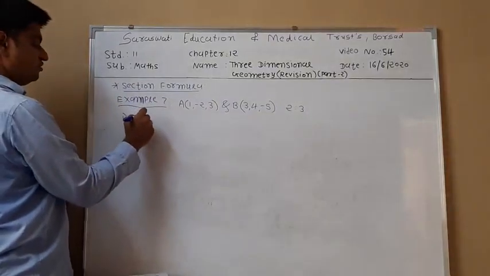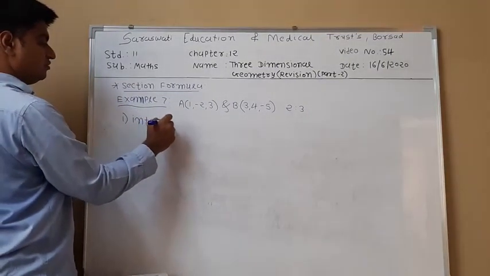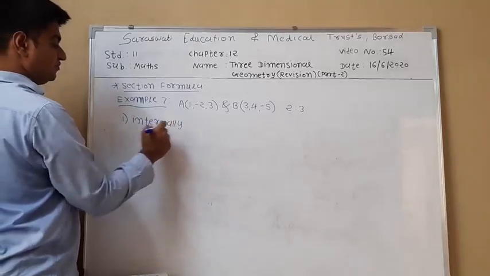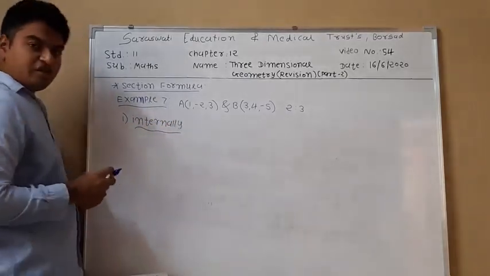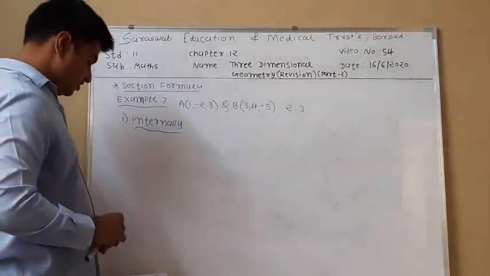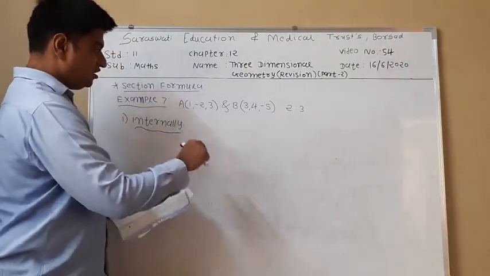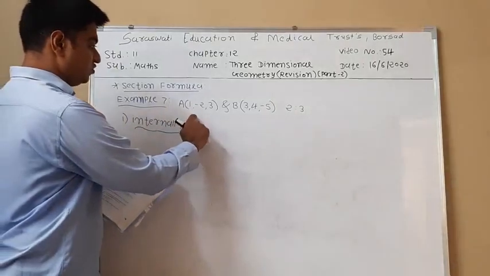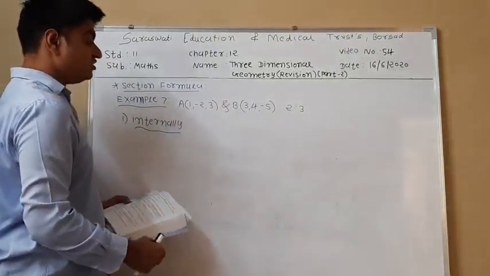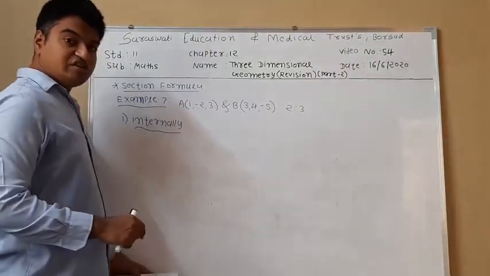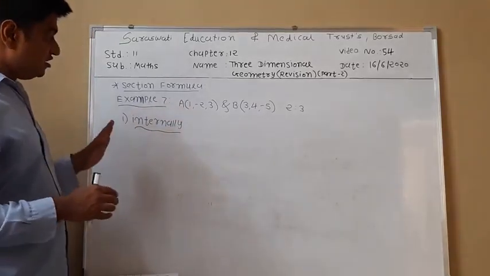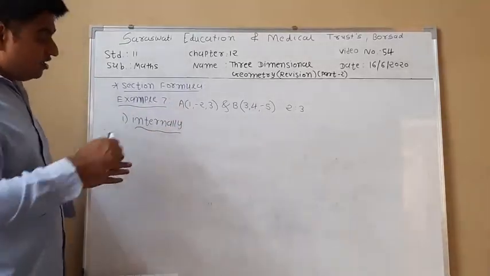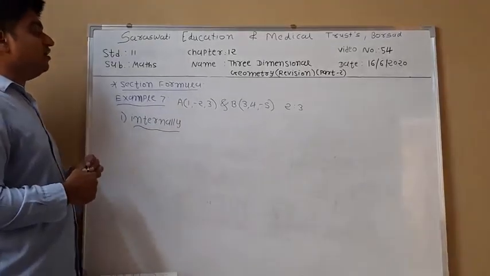That is the first question, and the second question is dividing externally.